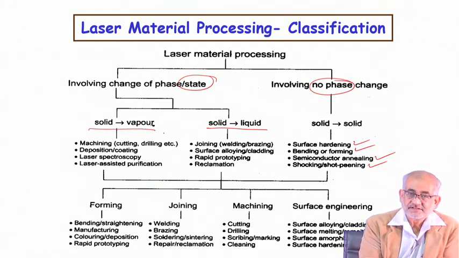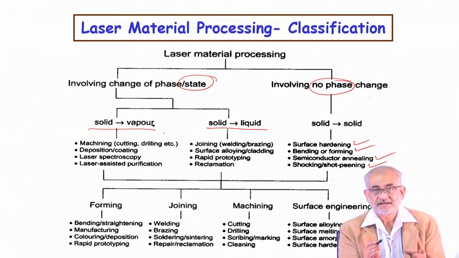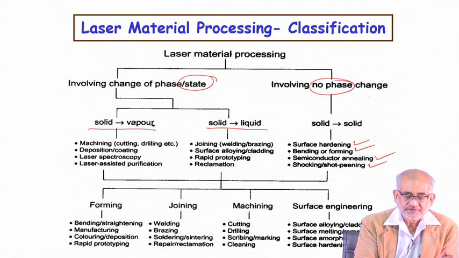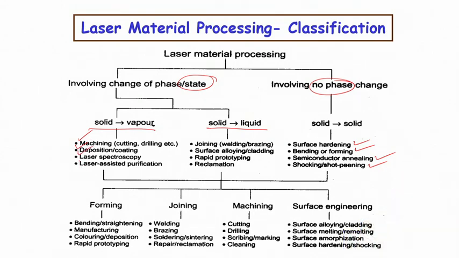If it's vaporization, that means we are heating the maximum for a certain period of time. We are applying the highest amount of power density, so we can not only melt but even vaporize. In the process we can do machining, deposition or coating, various spectroscopies, or even material purification by way of condensation.